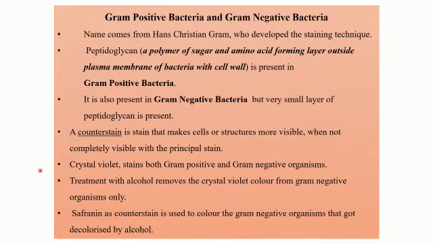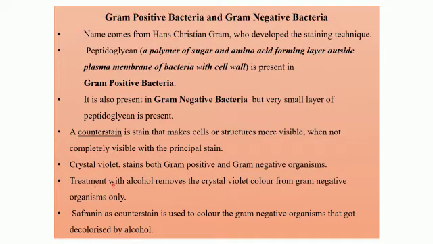So crystal violet is a principal stain, and when the bacterial cells are stained using this crystal violet, both gram-positive and gram-negative will take up the color of the stain, that is, the violet color. So you cannot distinguish between the two types because both have taken up the violet color.